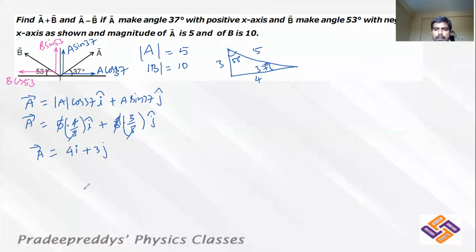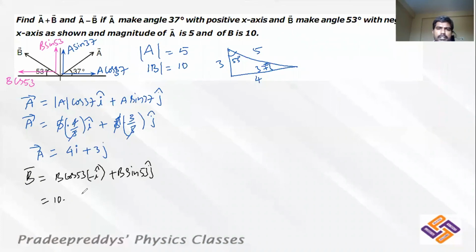Now come to B bar. Coming to B bar is equal to B cos 53, and this is along negative x-axis, so it is minus I cap, plus B sin 53 J cap. So what is the magnitude of B? 10.